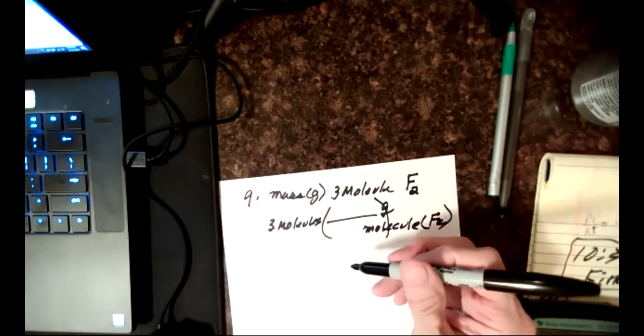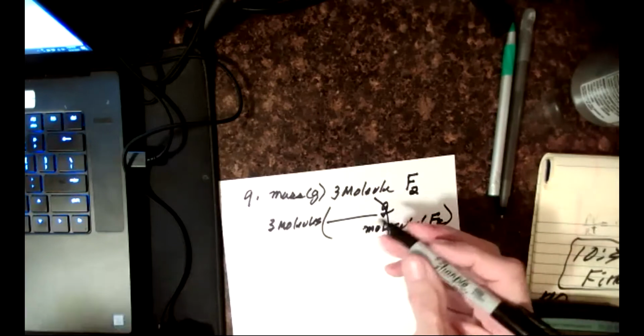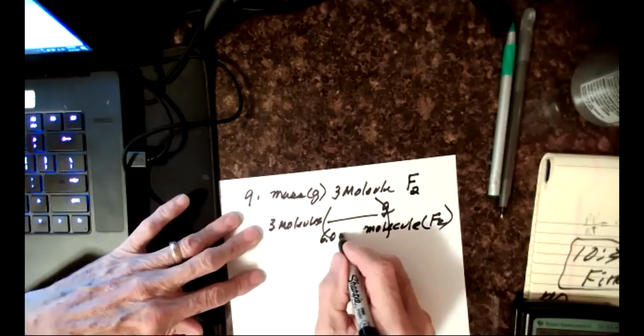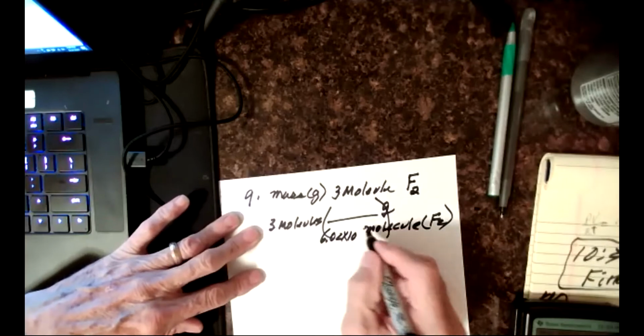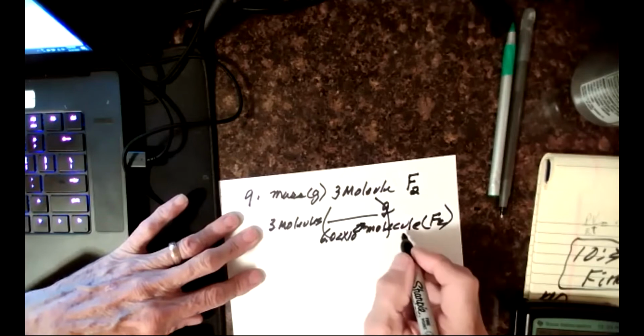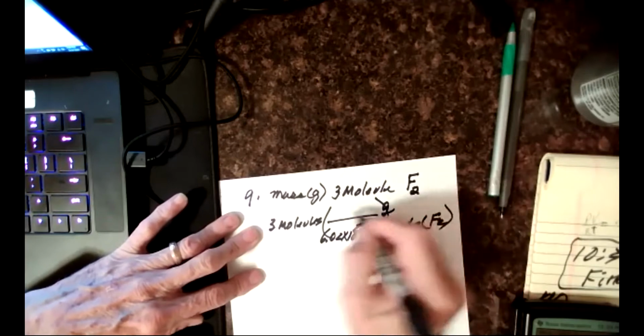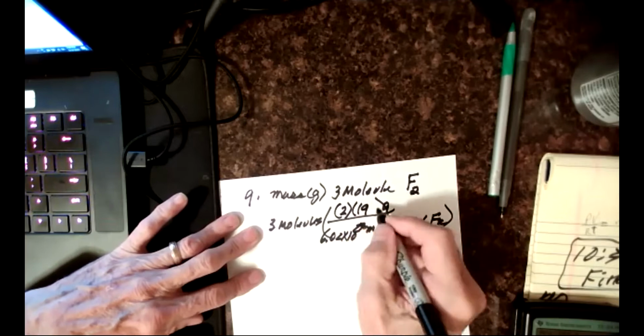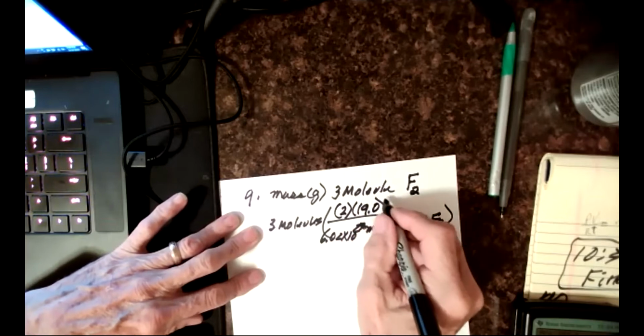Now the question is, is there a number of molecules for which we know the mass? Yes, a mole, Avogadro's number. So 6.02 times 10 to the 23rd molecules would be 2 moles of fluorine, and that's 2 times 19. Molecular weight of fluorine is 19.0.